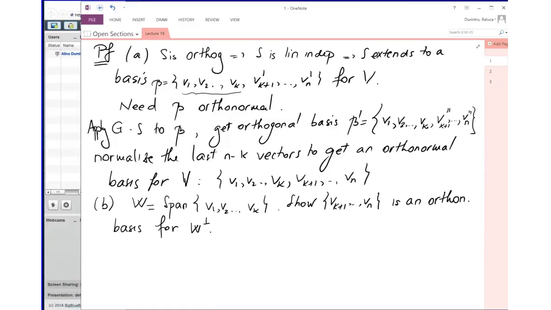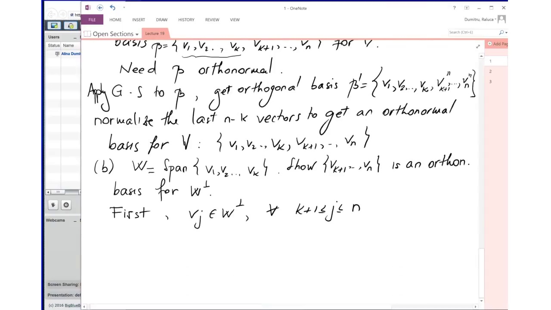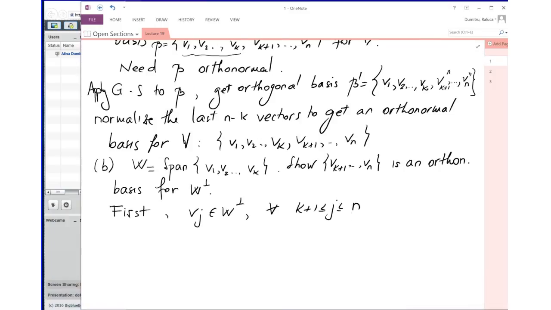Well, first of all, let's see, are they vectors in W perp? Well, to be vectors in there, that would mean they have to be orthogonal to everything in W, right? So is it true that they are orthogonal to everything in W?